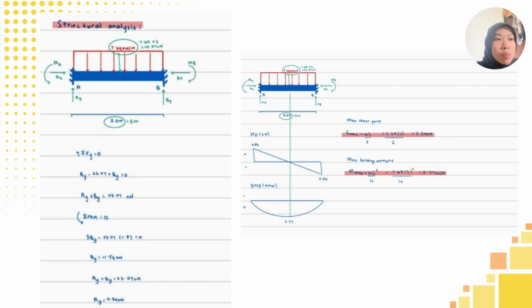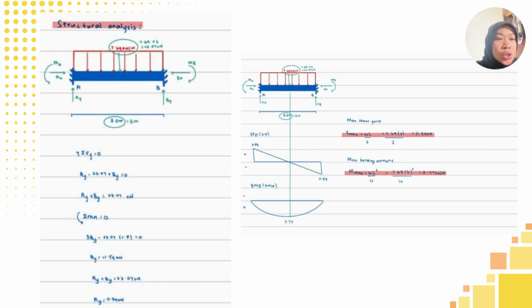The first step in the beam analysis is to determine the support reaction using the equations of equilibrium, where the sum of vertical and horizontal forces equals 0, and the sum of moments equals 0. By taking moments about one support and solving the equilibrium equation, the reaction force at the support will be calculated.